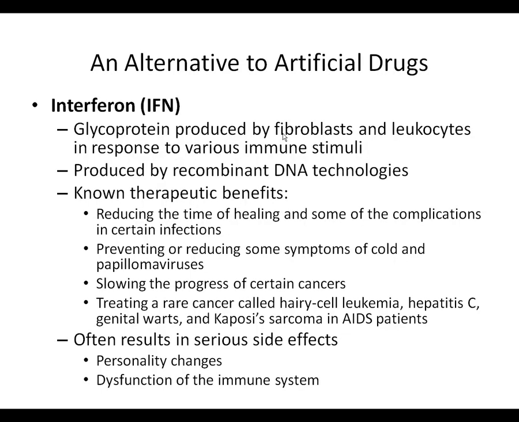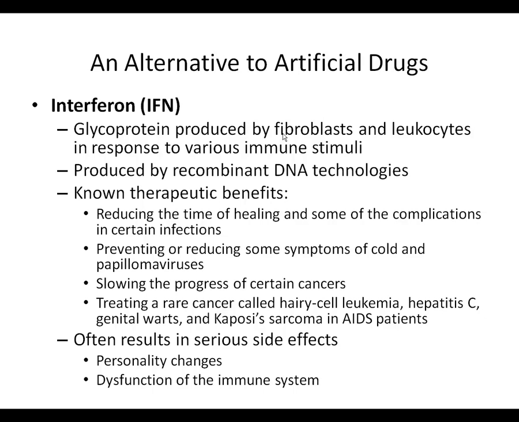You do have an alternative to some of these artificial drugs. There is the glycoprotein interferon. This is basically made from the fibroblasts and leukocytes in the blood. Basically, it's made in response to a various number of things, particularly viral infections.